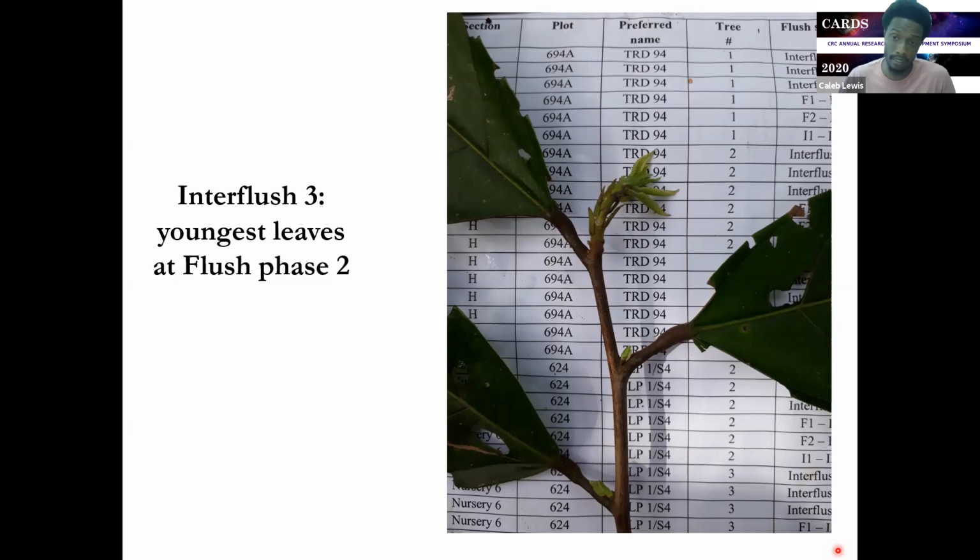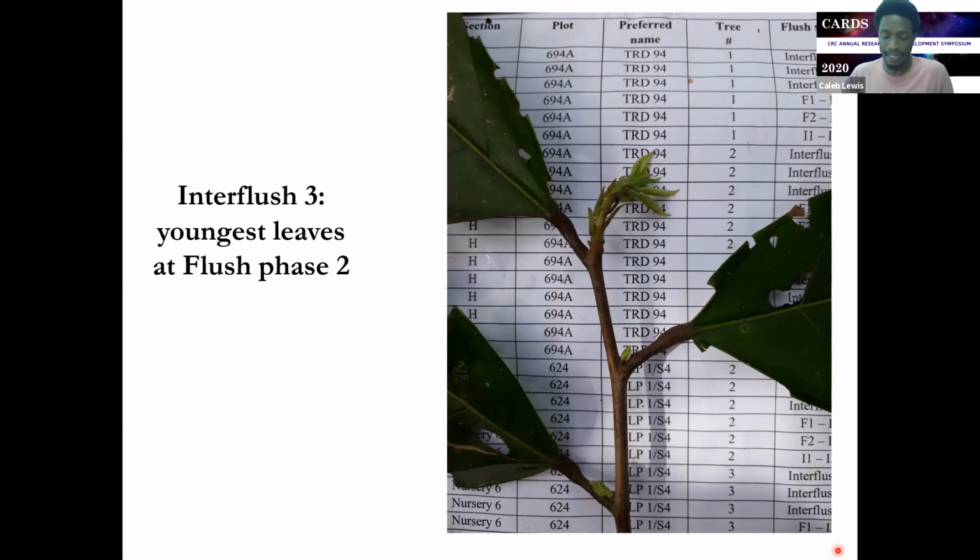The flush phase 2 part of the cycle is the longest part of the cycle, and it goes from the small open leaves to the youngest fully expanded leaf stage, which is the interflush 1 stage. So at first is the flush phase 1, then flush phase 2, and then interflush 1. After interflush 1, there's interflush 2 and interflush 3.